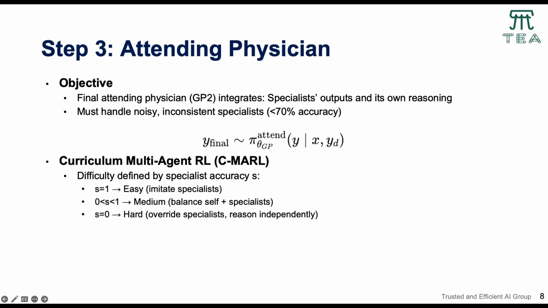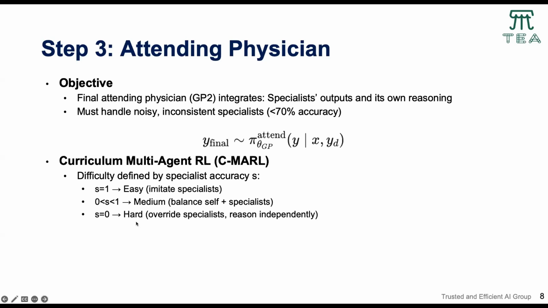And here is the policy of this agent. In this step, they constructed a curriculum multi-agent RL algorithm, which divides the questions into three categories: easy, medium, and hard. For the easy questions, they just imitate the specialist to make the final decision. For the medium questions, they balance between themselves and the specialist answer.